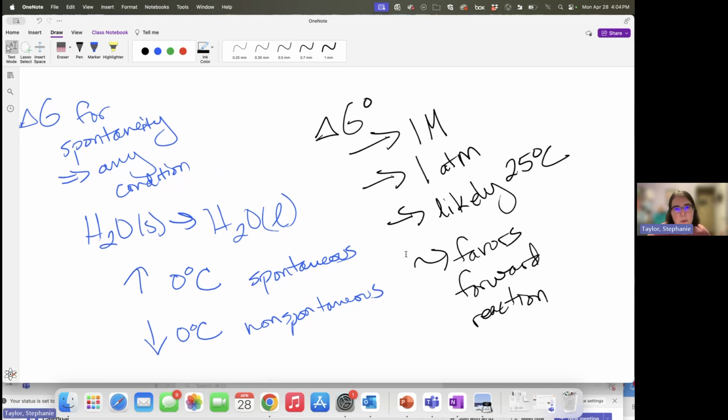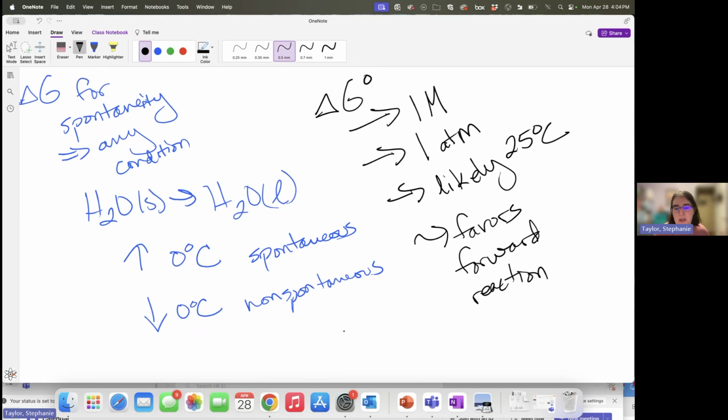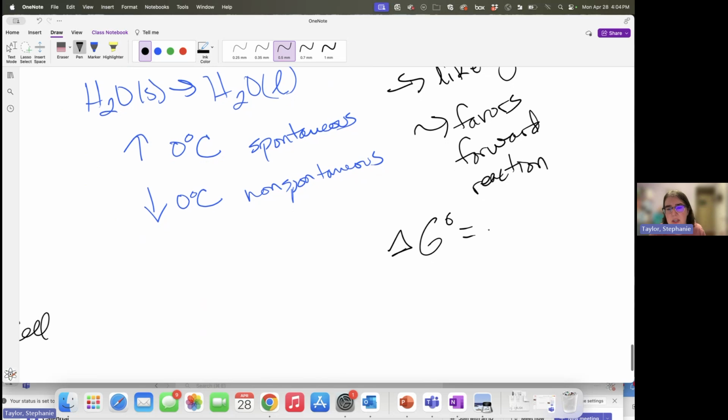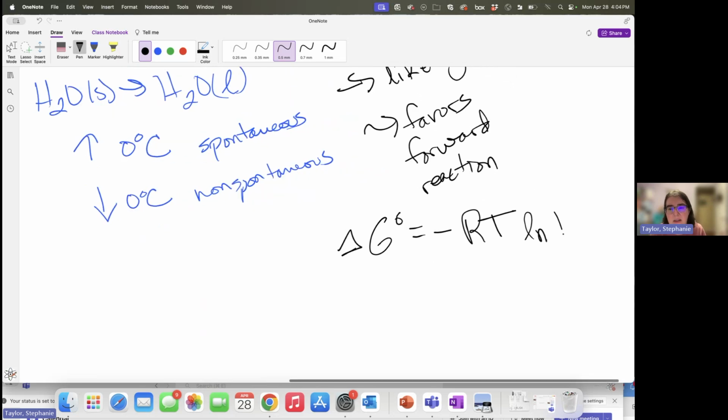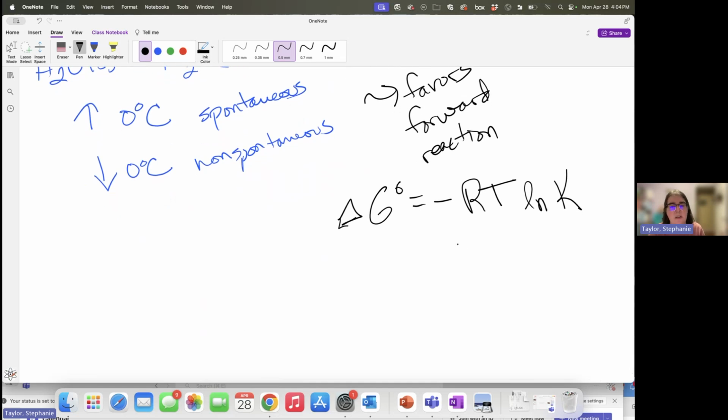Now, part of the reason we connect delta G standard to K is that it allows us to think about what we expect the magnitude of K to be.